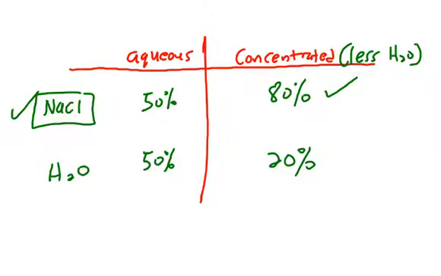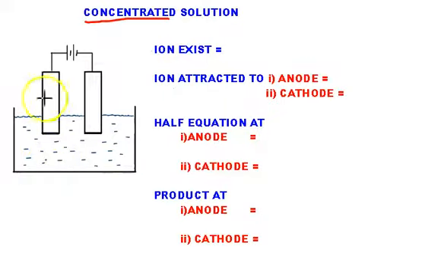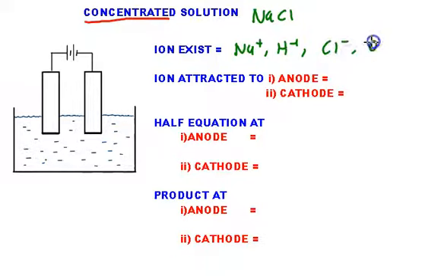Now let us look back at the question. Here we have a concentrated sodium chloride. The ions that exist are still sodium, hydrogen, chloride ion, and hydroxide ion. Remember, if you have concentrated, it only gives an effect at the anode.